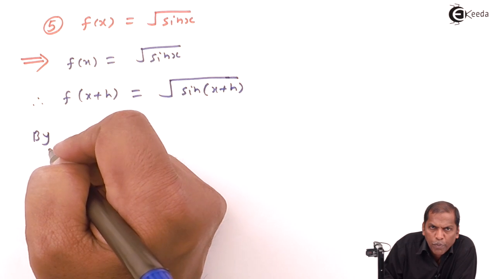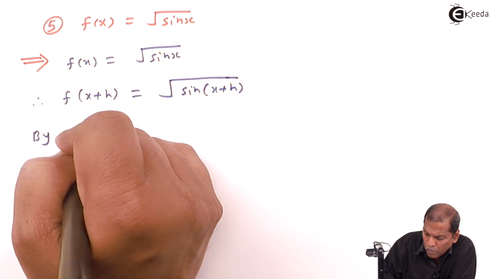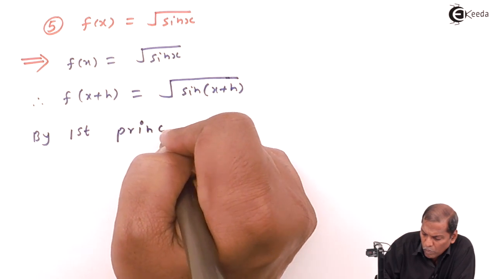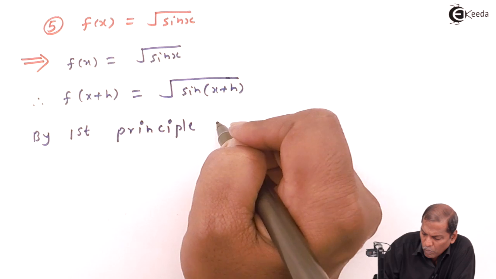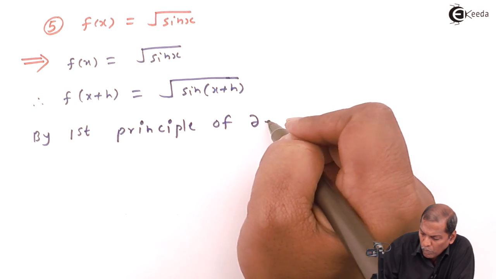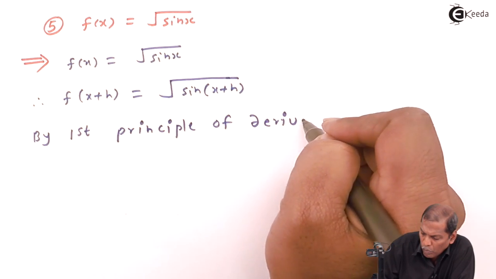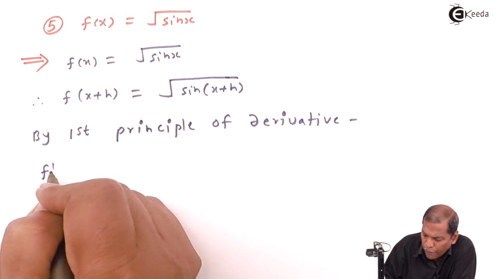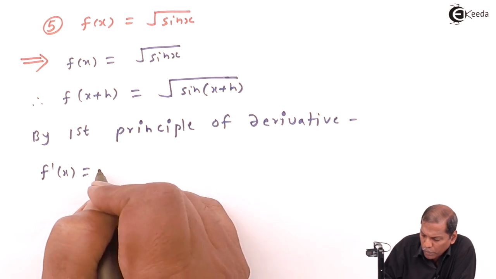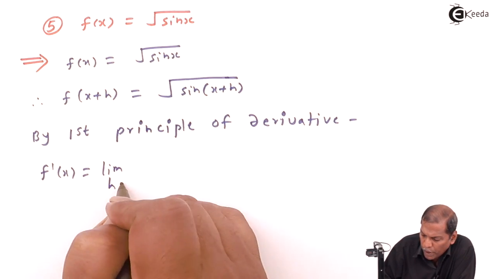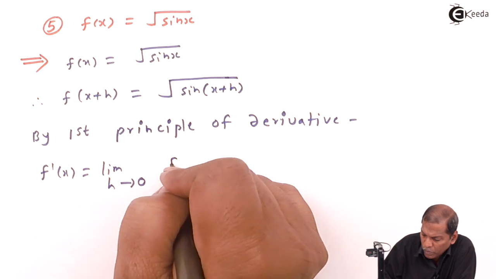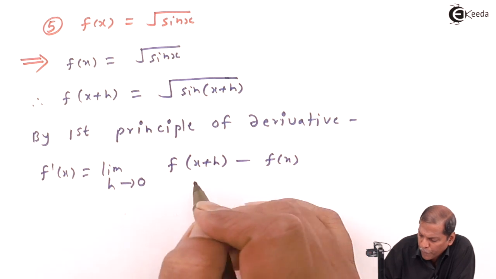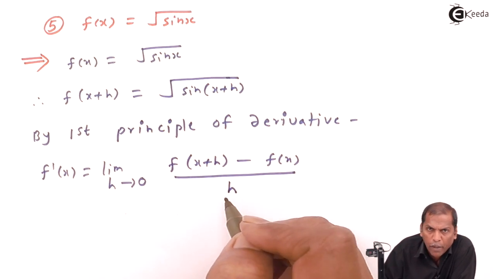By the first principle of derivative, f'(x) is equal to limit h tends to 0 of [f(x plus h) minus f(x)] divided by h.